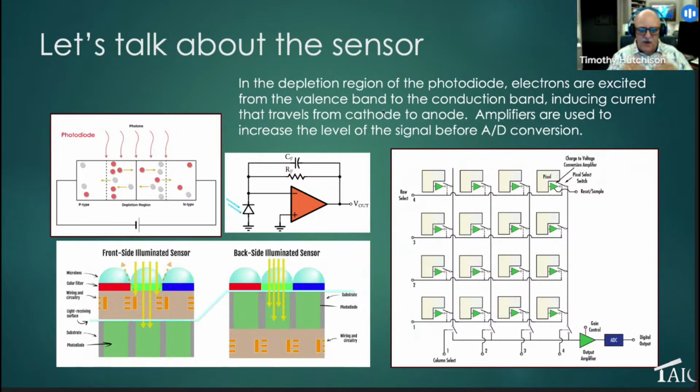And they jump, if we remember our chemistry, from the valence band in that silicon atom up to the conduction band. And when they get excited like that, it induces current in this photodiode. It makes current flow. That current gets amplified in a circuit like what we see.